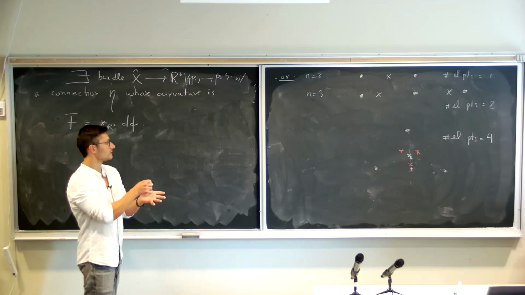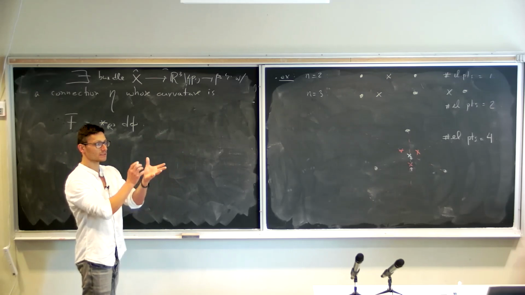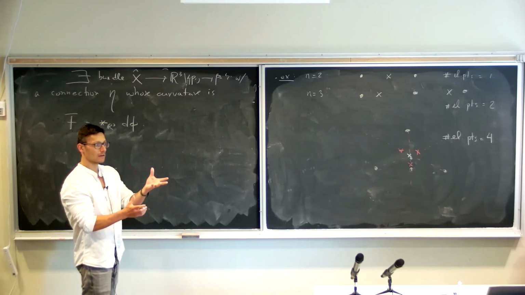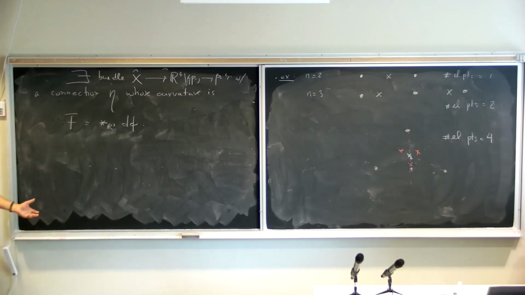And when you have degree higher than 1, the link is no longer the 3-sphere, it is the 3-sphere divided by Zk, and so they need to be positive. Okay, and then you get an orbifold.